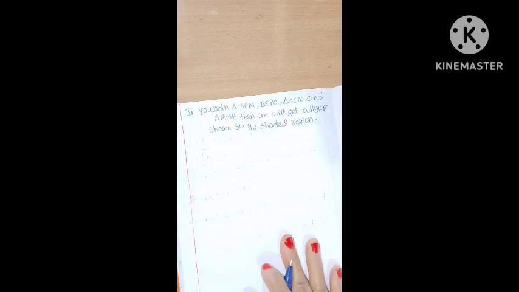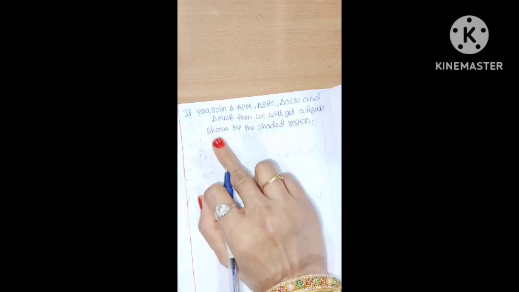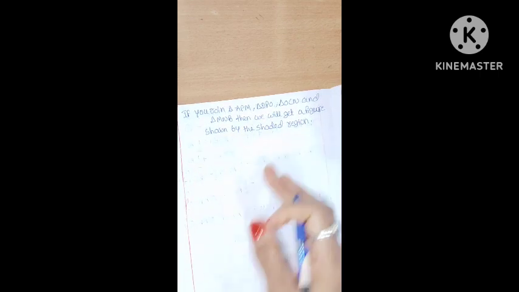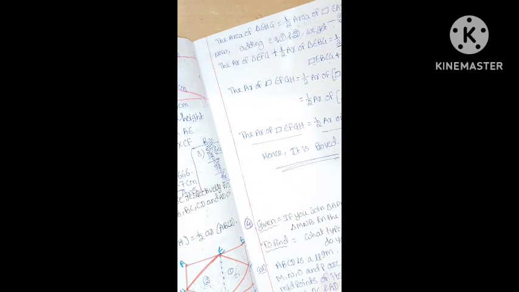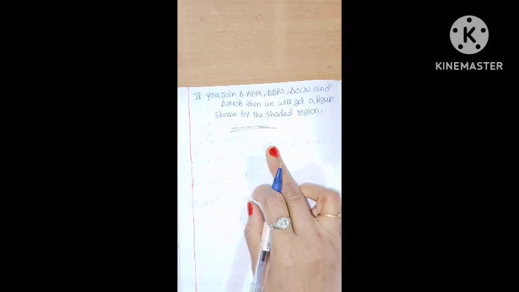Okay, are you clear? If you join all these triangles, then we will get a figure shown by the shaded region. After joining these midpoints, we will get a parallelogram. Are you understood? This is the final answer. This fourth problem's solution is over.